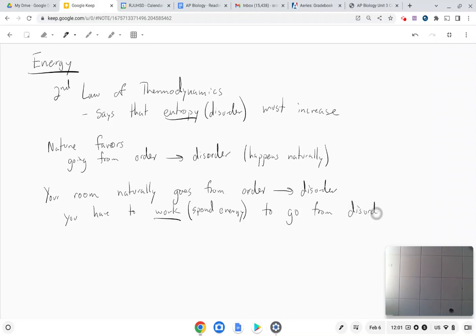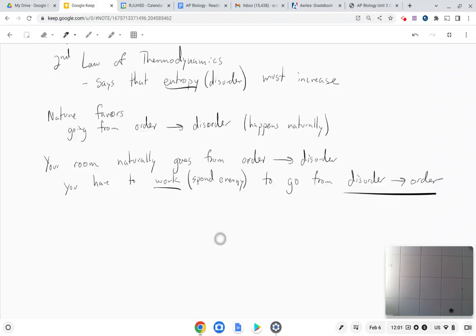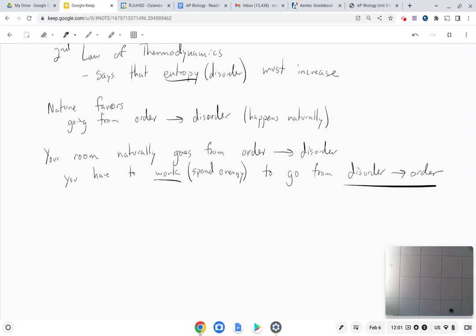That would be the reverse of the process, right? So this disorder to order, that's like the reverse of the second law of thermodynamics, right? We're going the opposite direction. So that's going to cost us energy. It doesn't really take any energy for your room to just become more cluttered, right? It just kind of happens naturally.